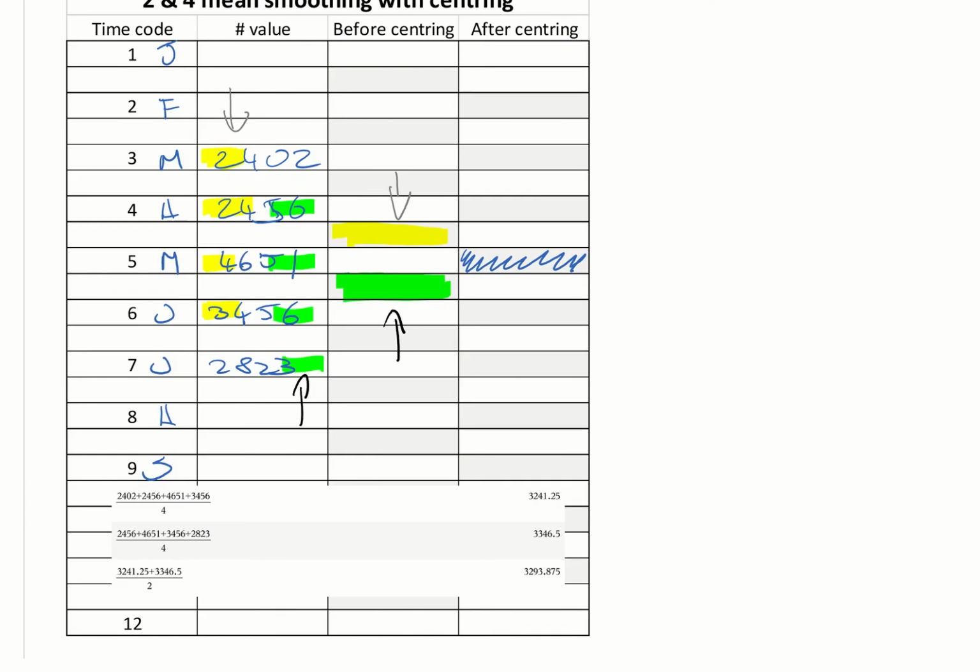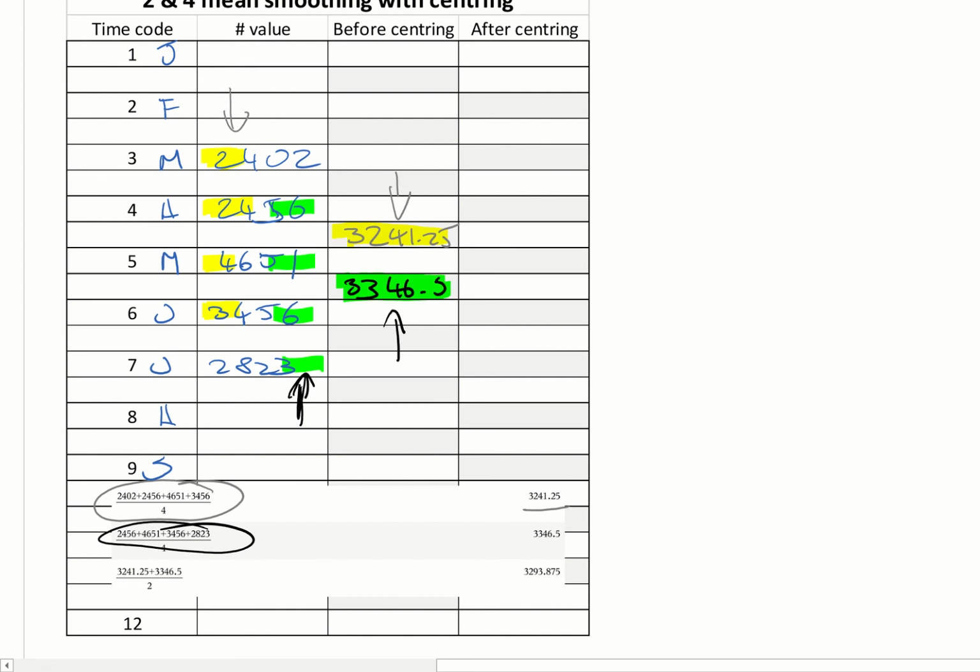So I'm going to get rid of that for now. If I look at the grey one, it's 2402, 2456, 4651, 34. That's the grey, and since there's 4 of them, that's going to give me 3241.25. Then this lot from here is going to be 3346.5.